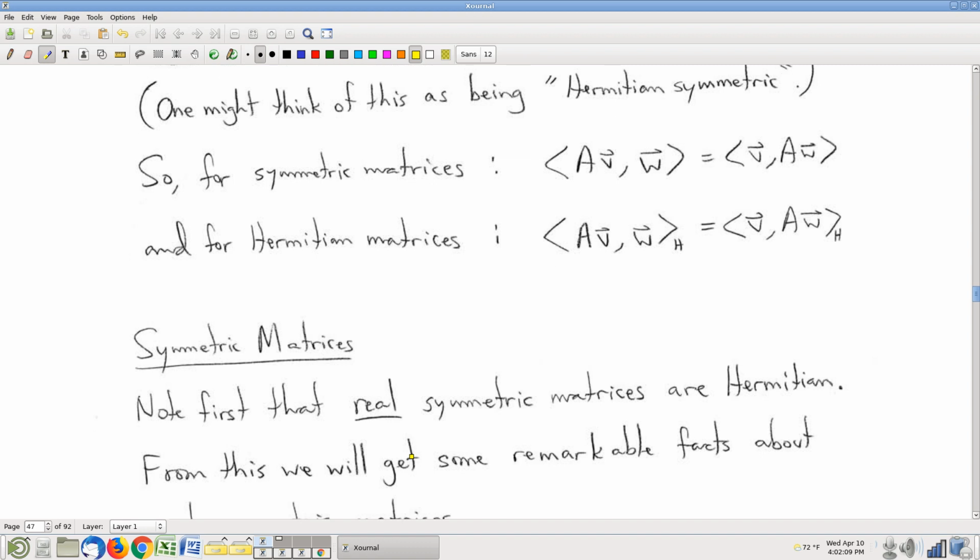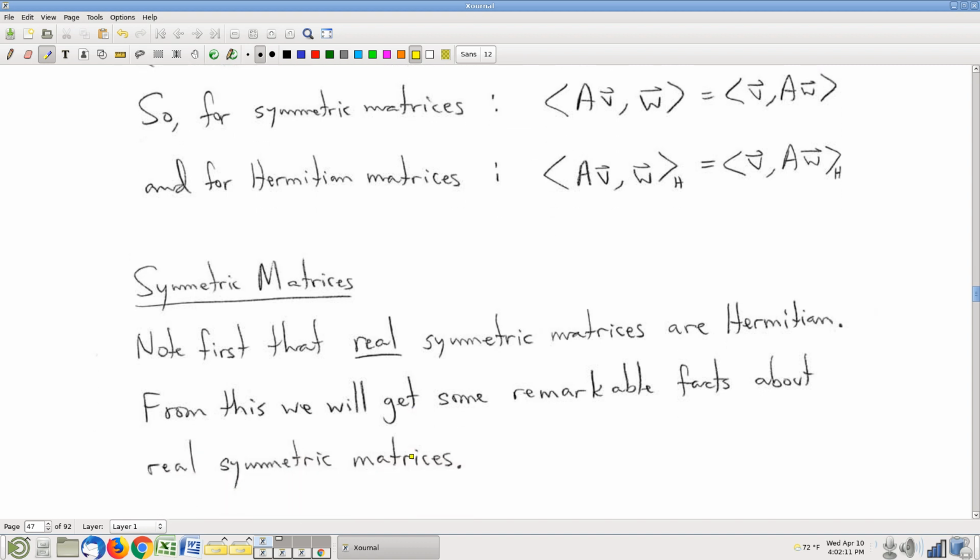Now, quick observation: real symmetric matrices are Hermitian. This is a very straightforward observation. If it's real, then when you conjugate it, nothing happens. And then when you transpose it, well, it's symmetric, so when you transpose it, nothing happens.